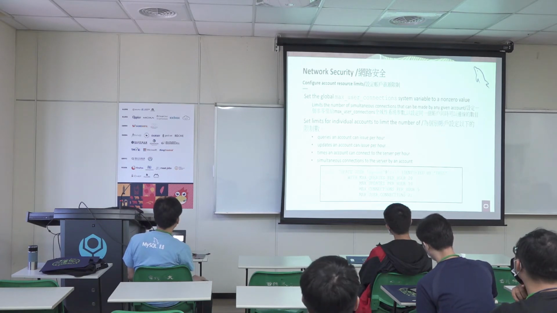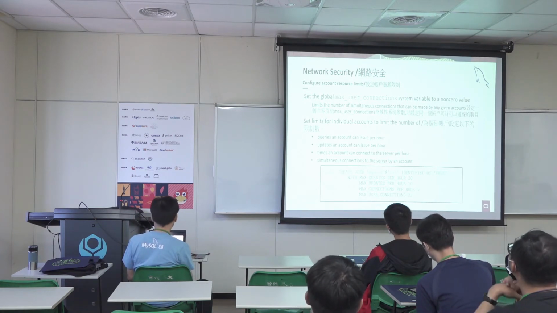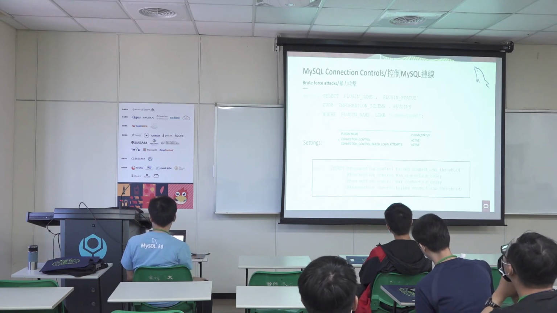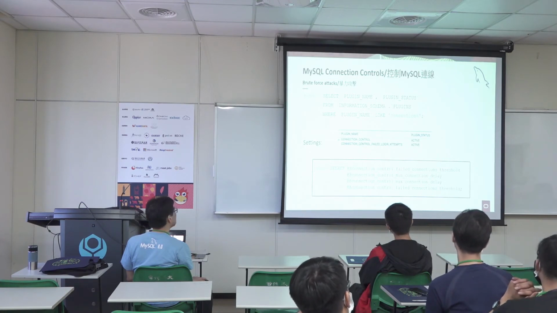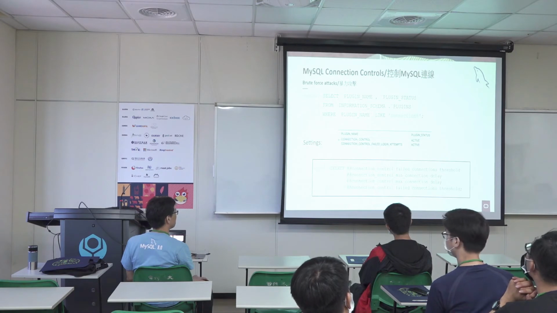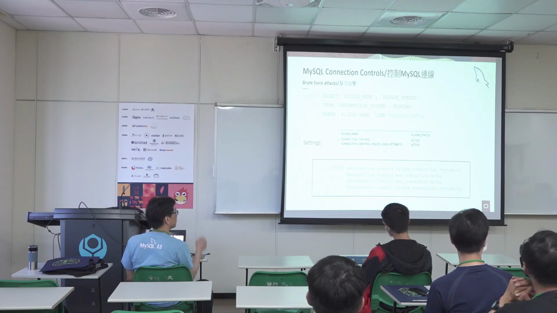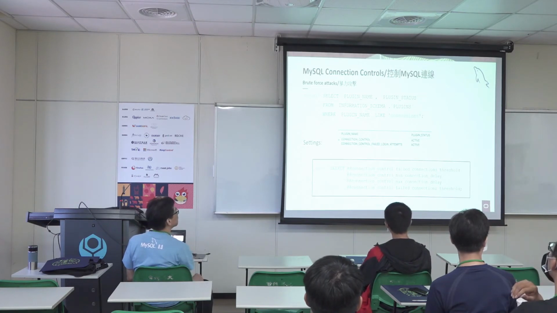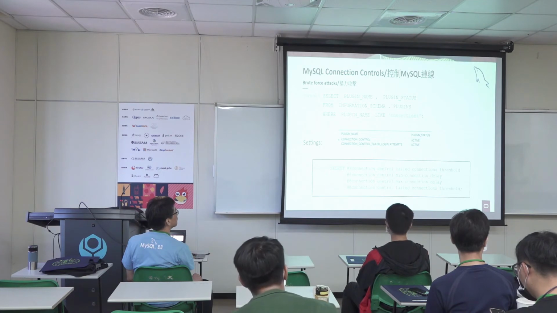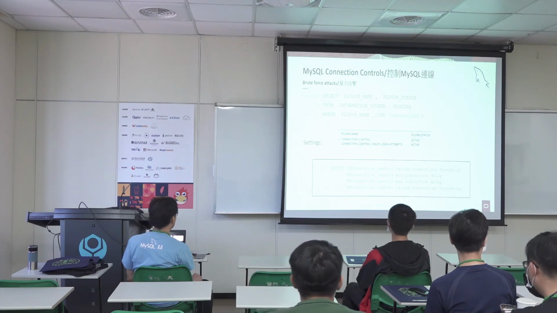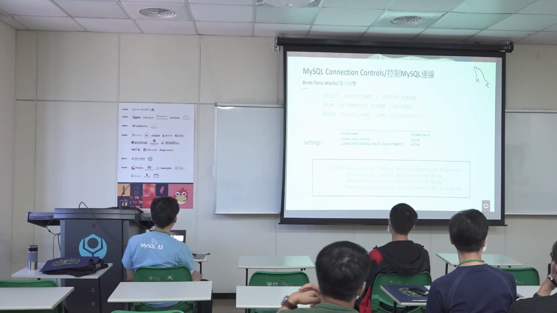All right, I'm going to go to slide 16. Slide 16 is about brute force attacks. These are cases where people are trying to, say, guess a password. With connection controls, you can define that as people fail to log in with a certain password, I'm going to add a delay.